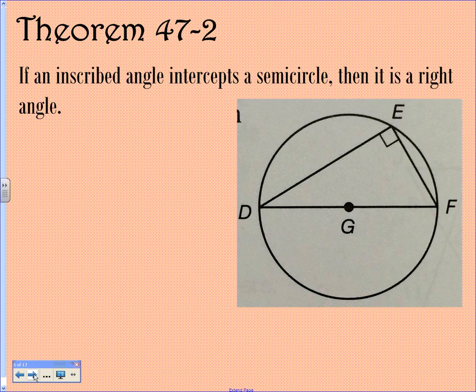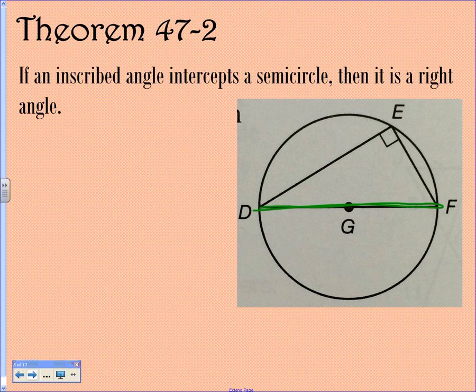Okay. So, if you have an inscribed angle that intercepts a semicircle, then it's a right angle. Do you see how this is the diameter? Every time you have an angle that hits at the endpoints of the diameter, it's going to be a right angle.